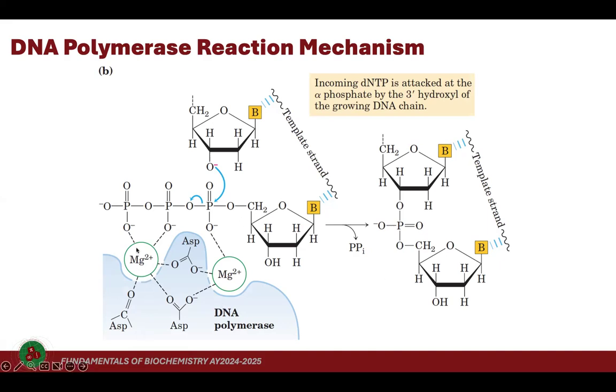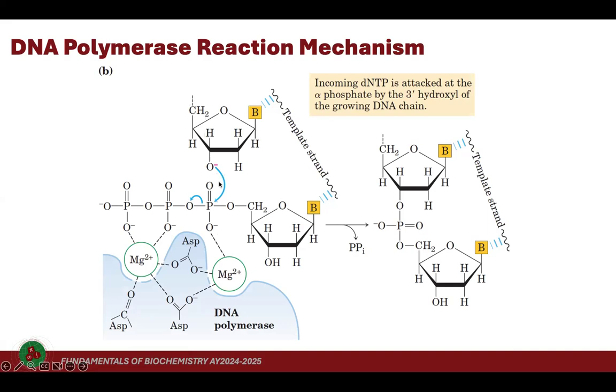And these magnesium ions are also stabilized by negatively charged amino acid residues in the active site. As you can see here, you see aspartate. Okay, so magnesium ions, aside from stabilizing the highly negative charge of your nucleoside triphosphate, also drive the removal of a proton from the 3' hydroxyl group of your DNA strand.